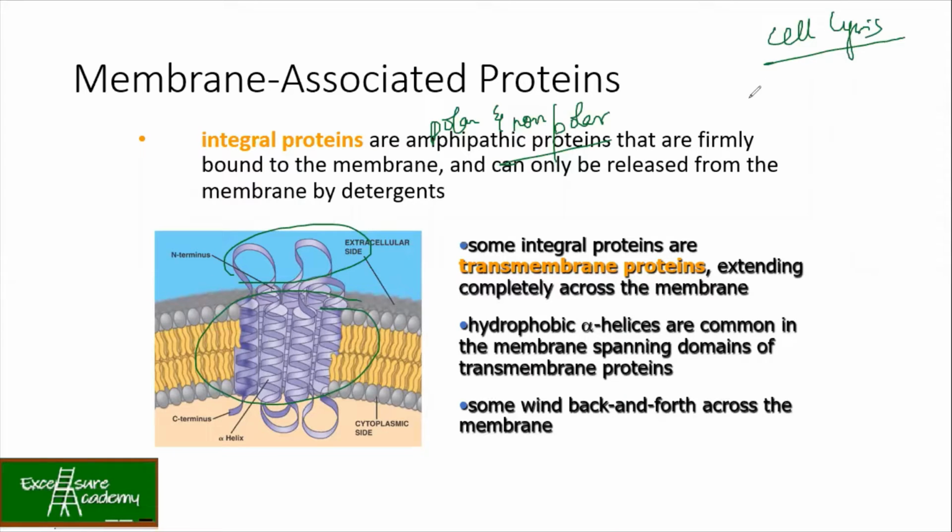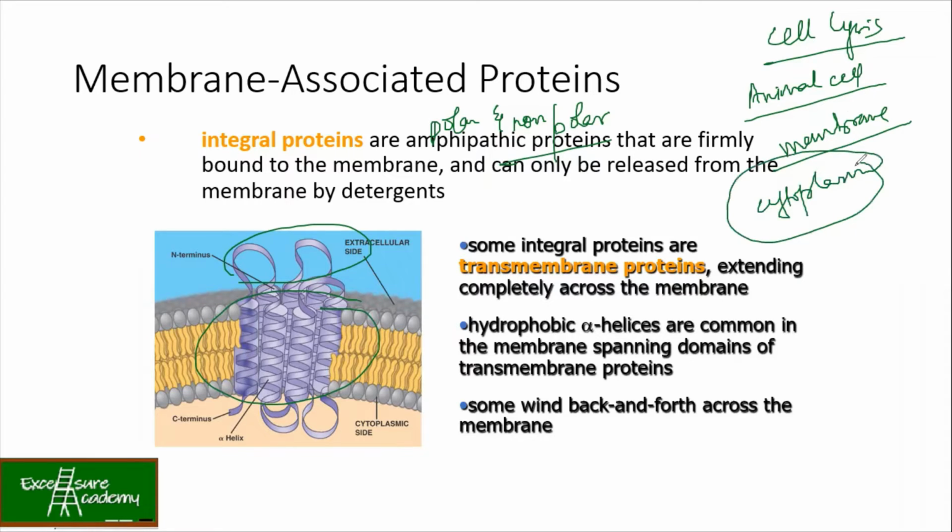So suppose I am taking an animal cell and I need only the membrane bound proteins. So मैं क्या करूंगी? Animal cell rupture करूंगी. I'm going to remove the cytoplasm. I don't want cytoplasm. क्यों? Because cytoplasmic proteins are going to interfere with my purification of membrane proteins. I want only membrane proteins.